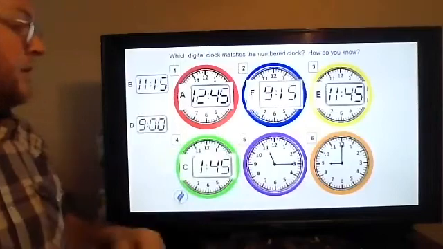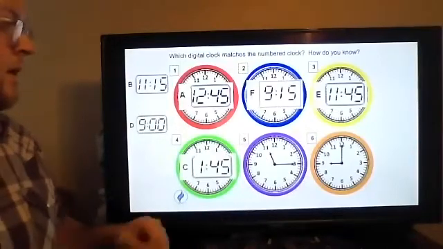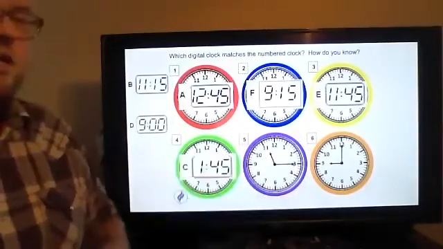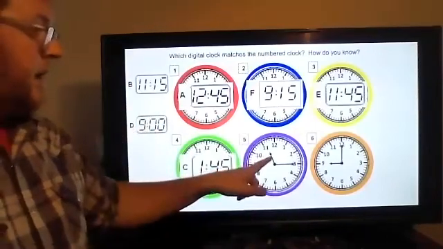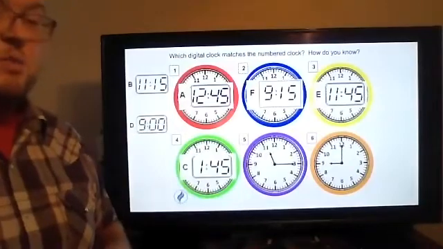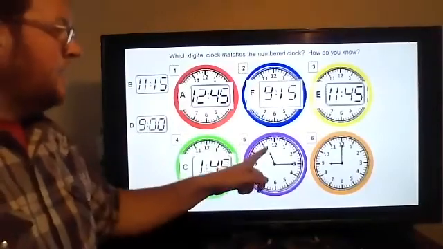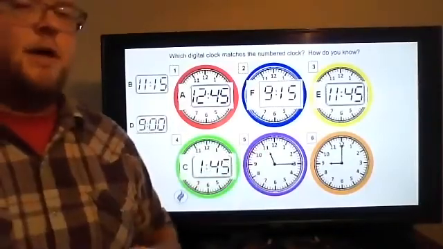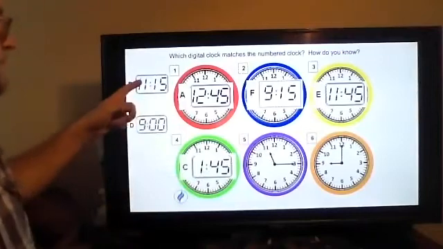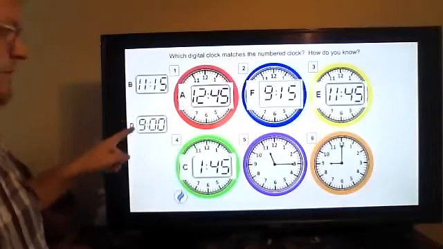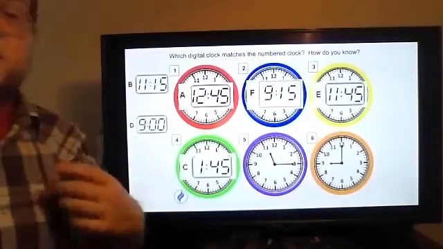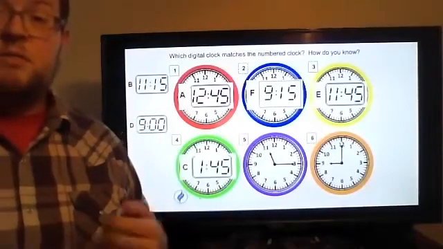Now we have 2 times left. Looking at clock number 5, our minute hand is pointing at the 15-minute position, which means I have to look at my hour hand to see what the hour is, and it is just past 11 o'clock. So when we look over here, 11:15 is the only time left that is within the 11th hour, between 11 and 12 o'clock.